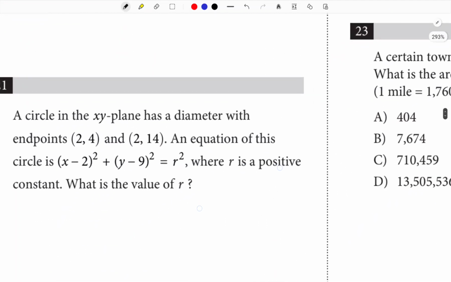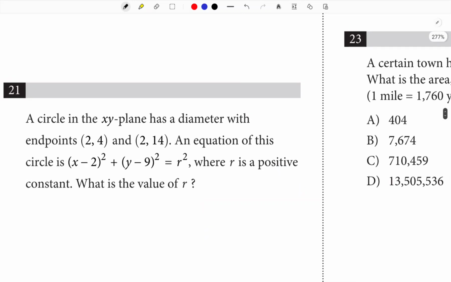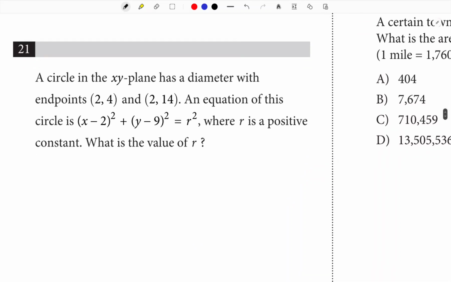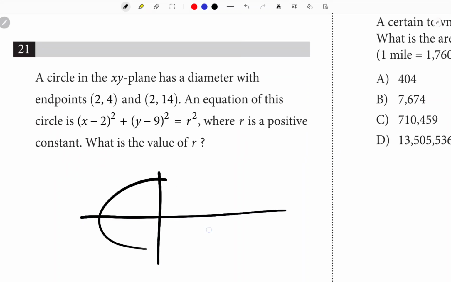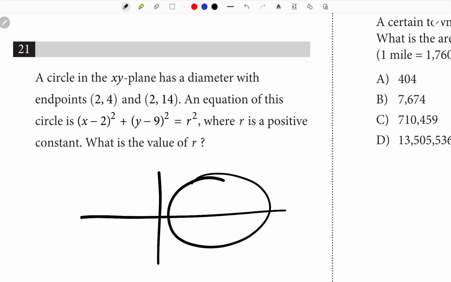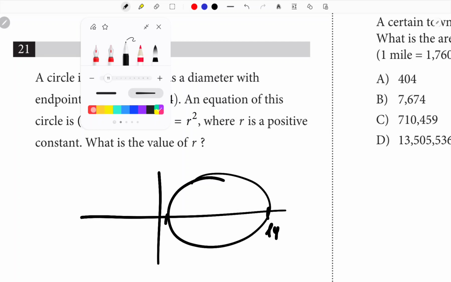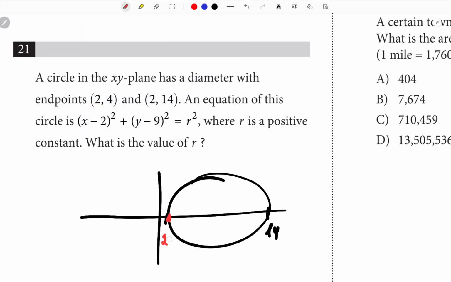Okay, a circle in the xy plane has a diameter with endpoints 2, 4 and 2, 14. In the equation of the circle like this, where r is a positive constant, what's the value of r? So what does it mean? You have a circle here. This point is 2, 4. This point is 2, 14.